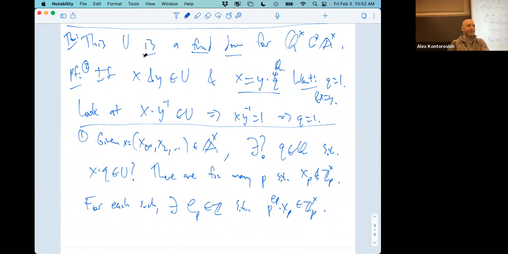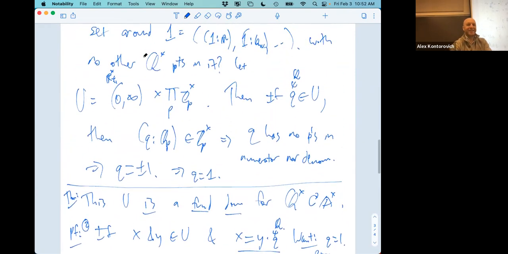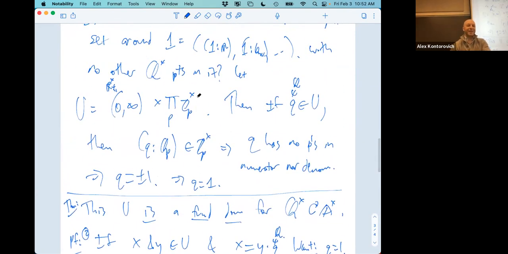I'm just thinking about what would happen if we do this with the subspace topology. Is the thing you wrote up there also open? It's an infinite intersection of open sets, so it's not open. So you'd have to do something else.